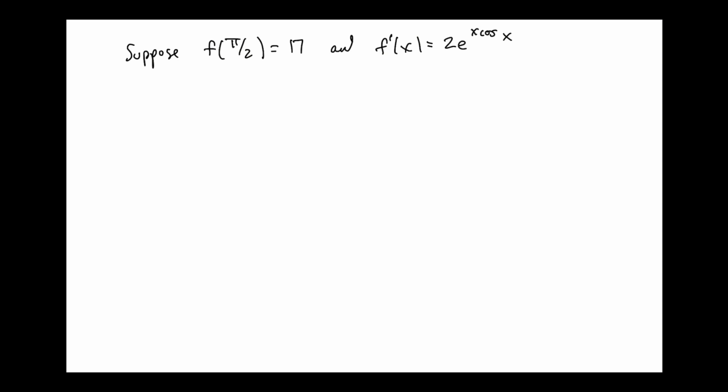No. I do know what f prime is and what f of pi halves is. Okay, so would this allow me to find the equation of a tangent line? Okay, at a point, but which point has it got to be, given what I have? X equals pi over 2 is the only point that I know anything about the function. So if I don't use that point, we're sort of donezo.